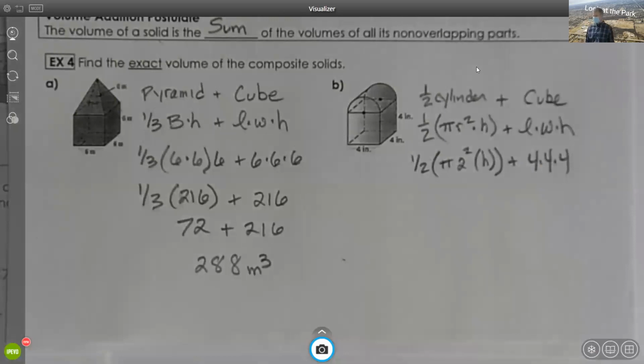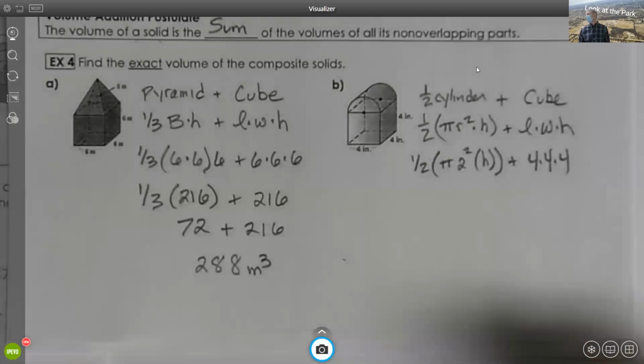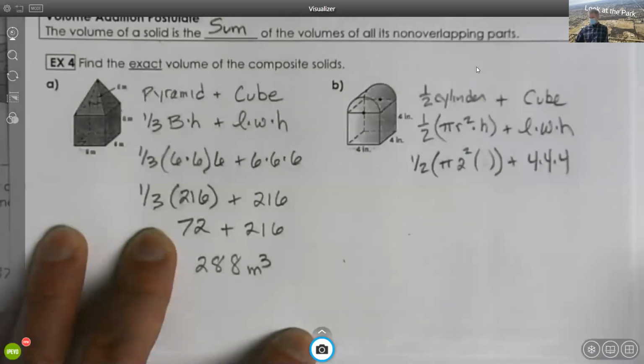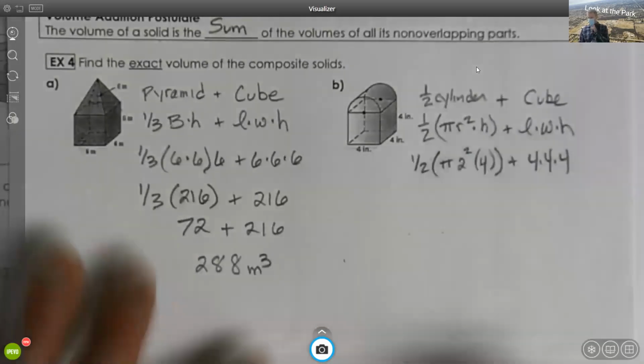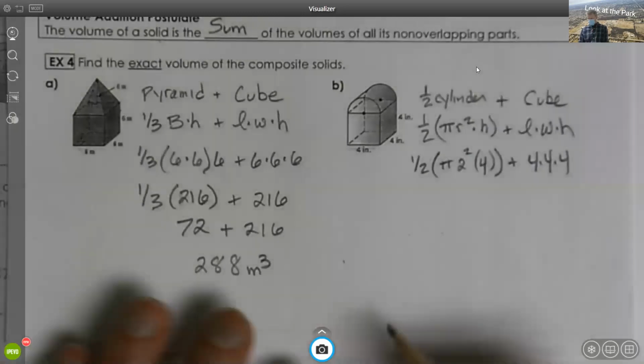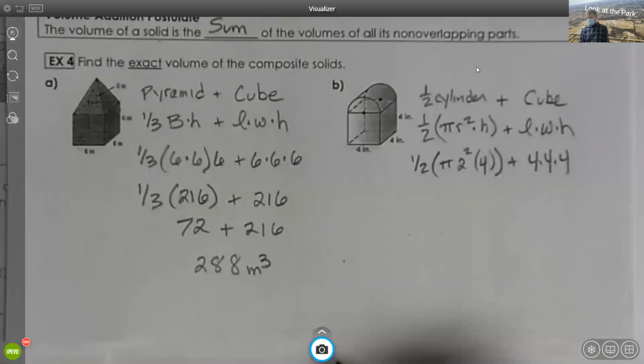Oh, I put in an H, sorry. What goes in for our H? I think I said it, but I wrote the H. So that was a 4 for the height. 2 was the radius.